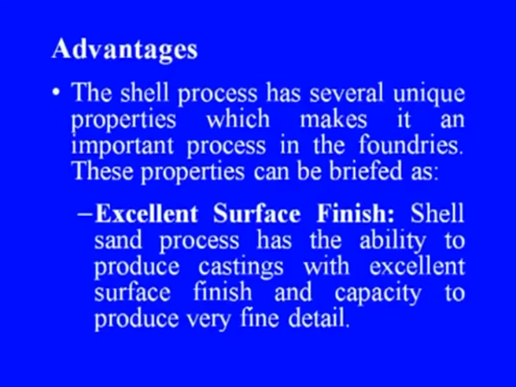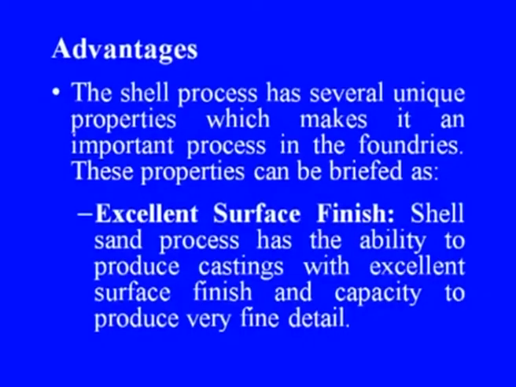Let us see the advantages of this process. The cell molding process has several unique properties which makes it an important process in the foundries. These properties can be briefed as the excellent surface finish. Cell sand process has the ability to produce casting with excellent surface finish and capacity to produce very fine details.